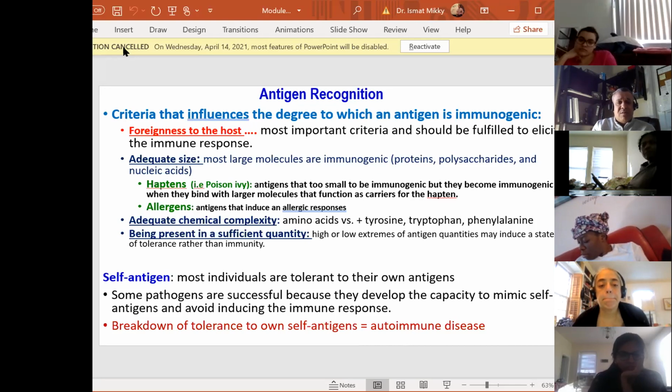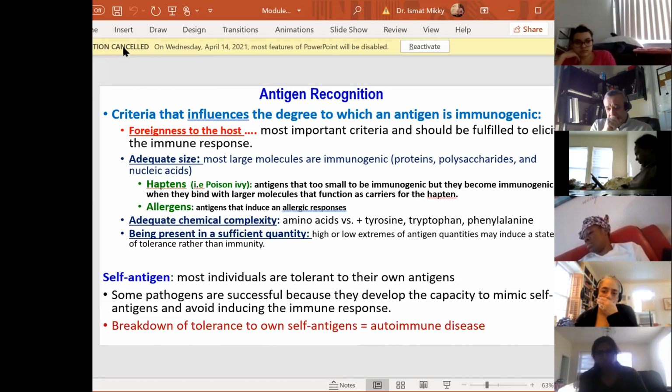Otherwise, the antigen will get away from the immune response and will never be attacked by the immune system. And then the actual size and the adequate chemical complexity, all these are features or criteria needed for the antigen to be a strong immunogen to elicit the immune response.